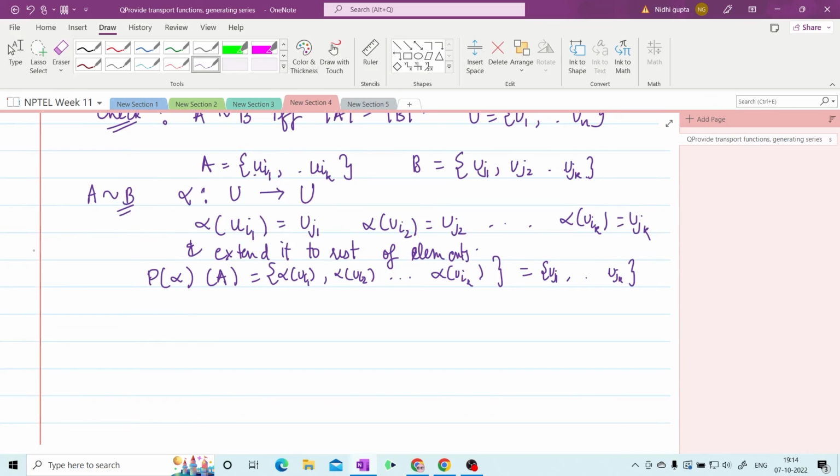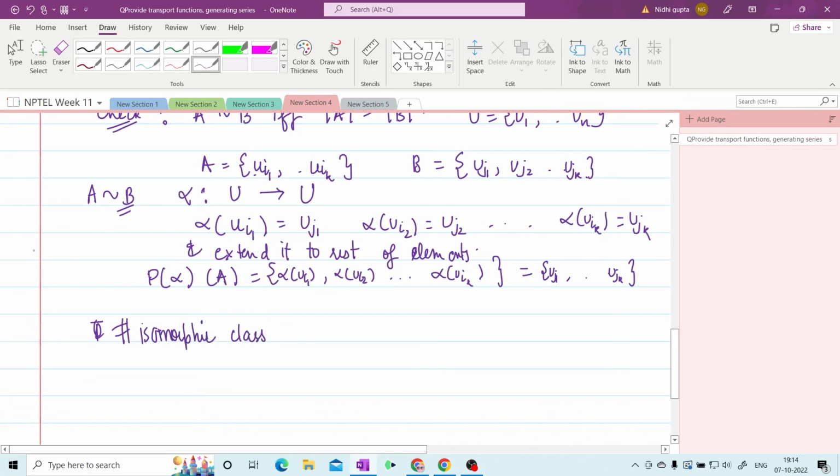So what is the number of isomorphism classes? Two sets are isomorphic if and only if they have the same order.